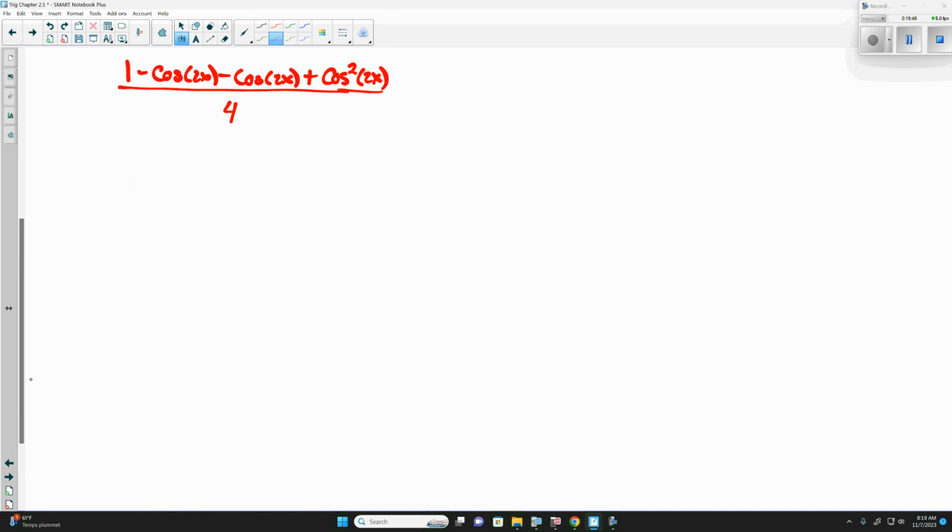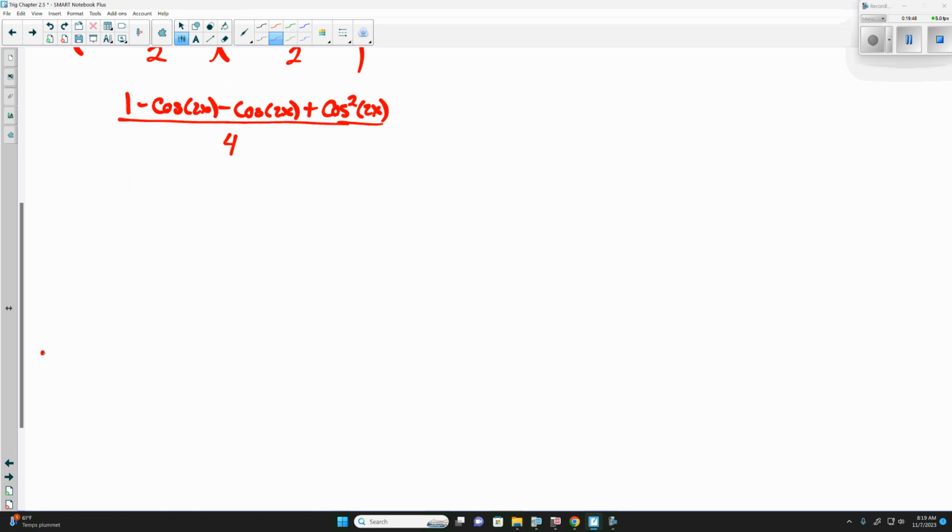Now, I'm going to do two things. One, I'm going to combine like terms. So we're going to have 1 minus 2 cosine of 2x plus cosine squared of 2x. We're good with that there. I am also going to pull out that 4, as we're really saying we're dividing everything by 4, which is the same as saying that we're multiplying this all by what?